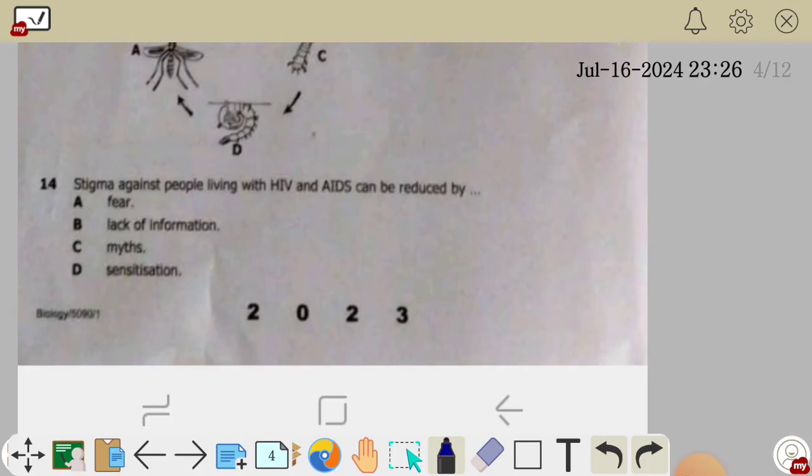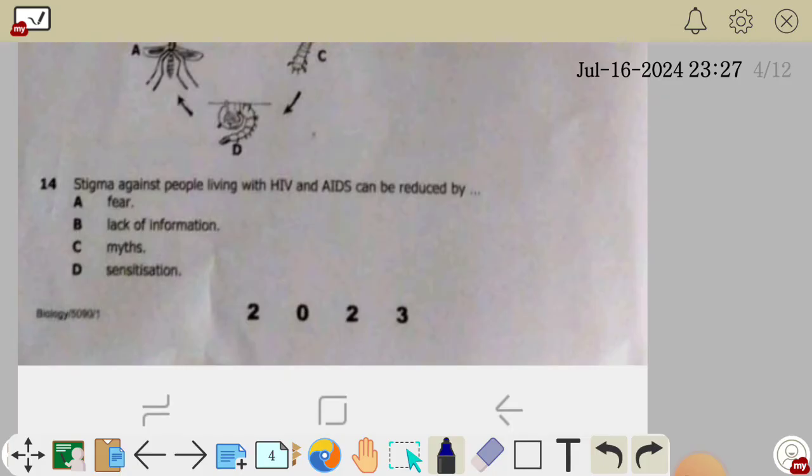you teach people and you disseminate information about HIV and AIDS so that people are not scared, so that they know what HIV and AIDS is all about, and you try to counsel and also tell the people that they shouldn't be scared.